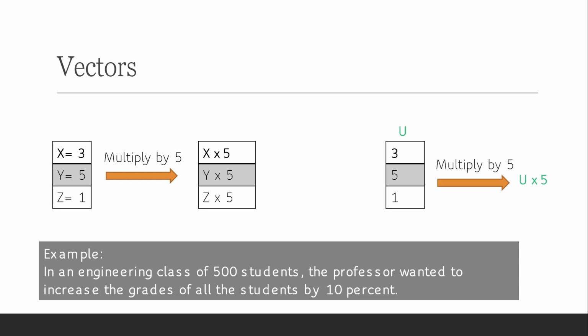But if the professor was smart enough, he is going to have all the grades of the students in one vector named grade, and then multiply it by 10% of the original grade vector. So this is a very easy example. Throughout the course, we are going to have more examples that highlight the usage of vectors.